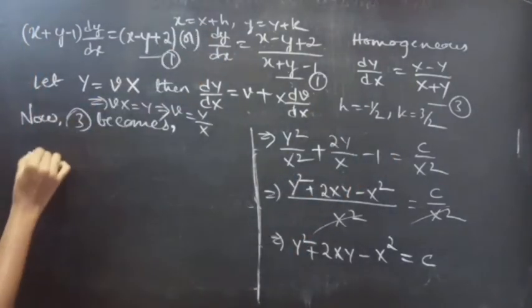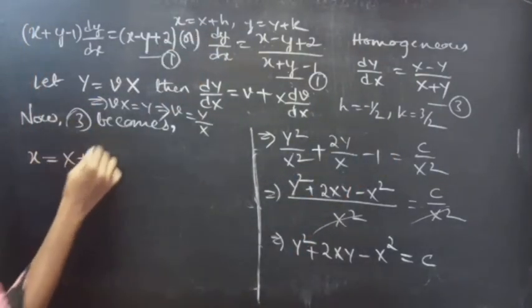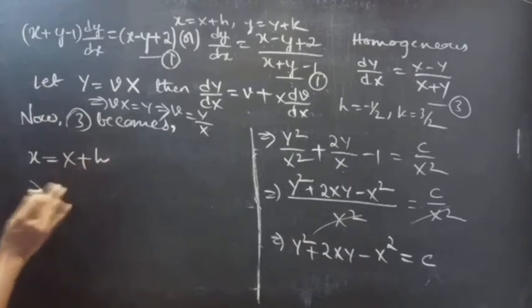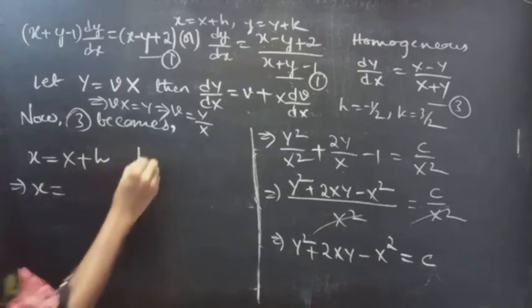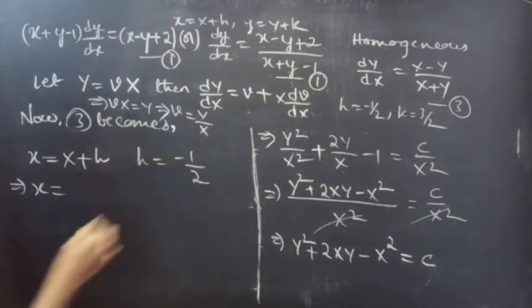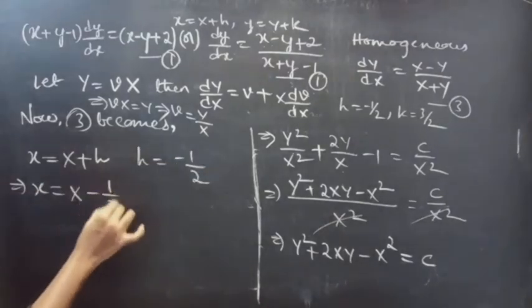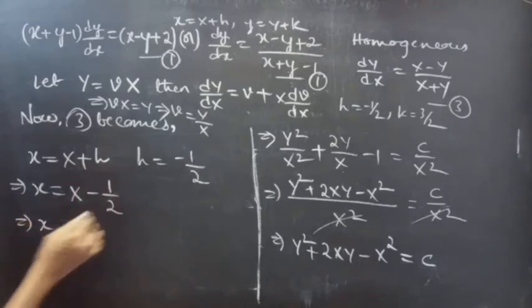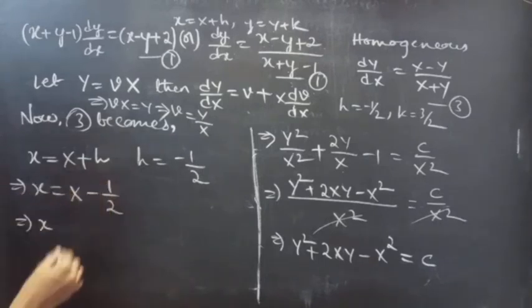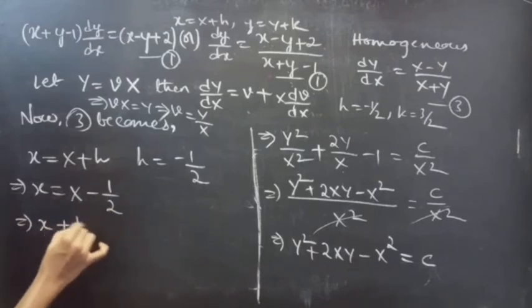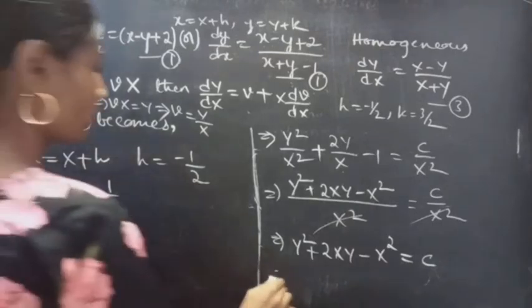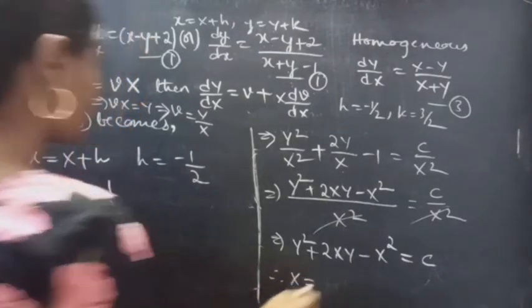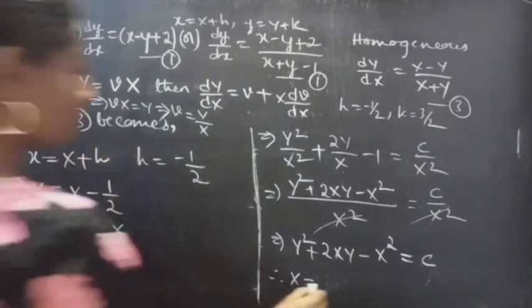Since we have small x equals capital X plus h, now put h equals minus 1 by 2, then take this minus 1 by 2 to the LHS, you'll get x plus 1 by 2 equals capital X. Therefore, capital X equals x plus 1 by 2.